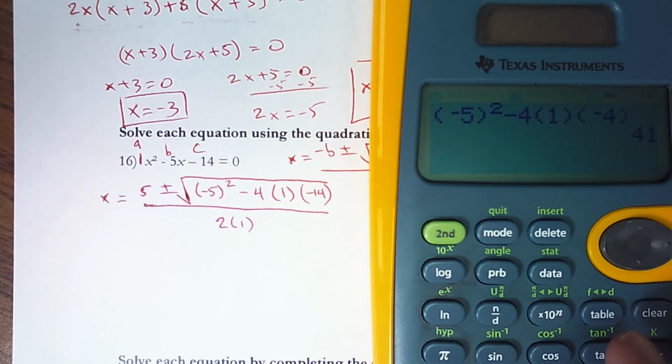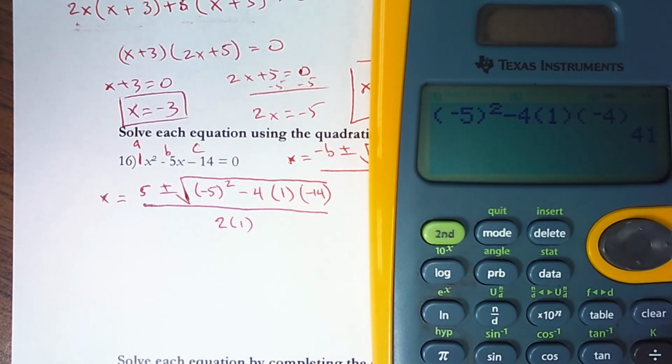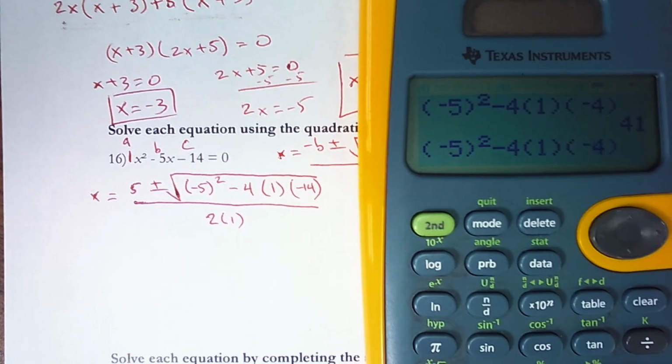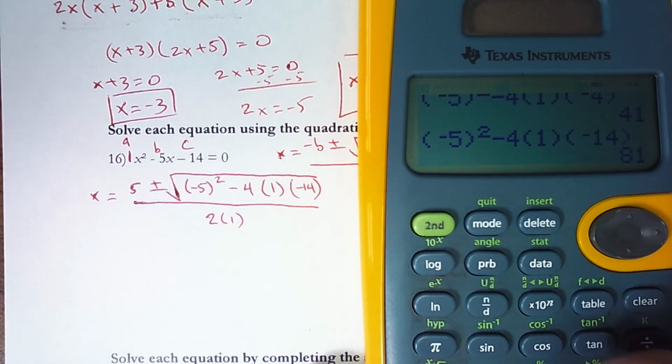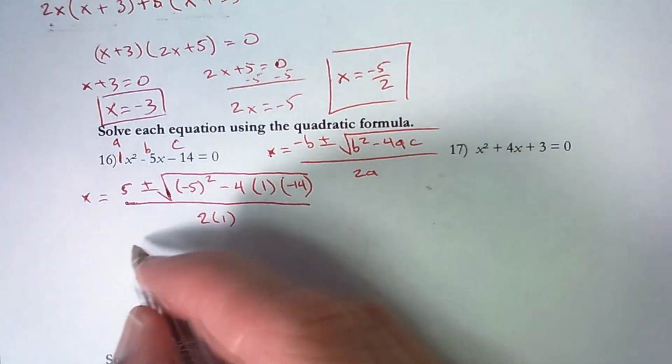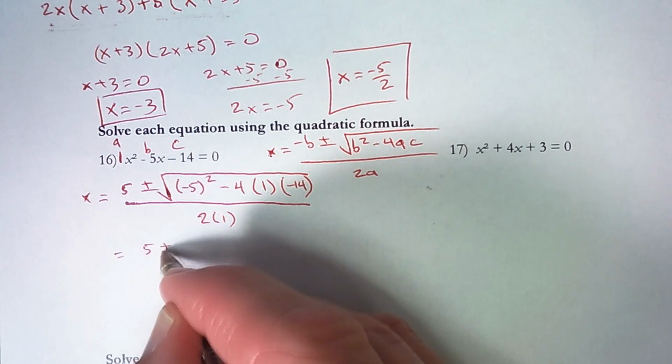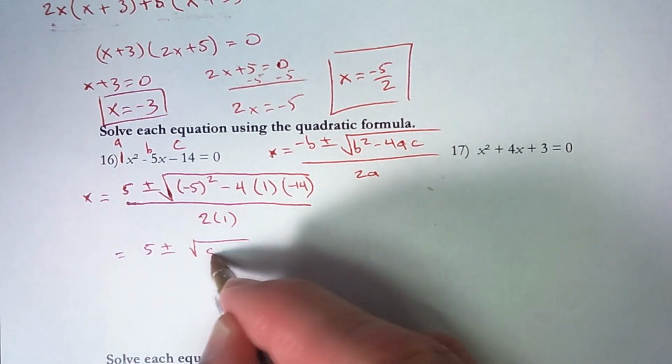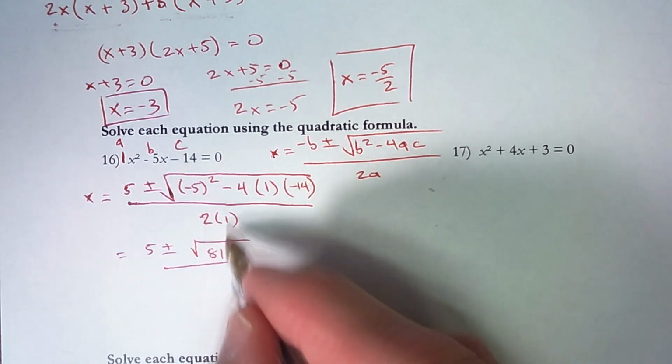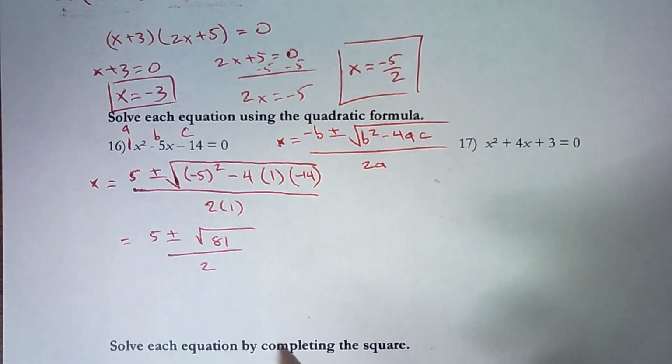That is not correct. That should have been negative 14, so I'm going to go back and change that to a negative 14, and that is 81. So I have 5 plus or minus the square root of 81 over, and then 2 times 1 is 2.